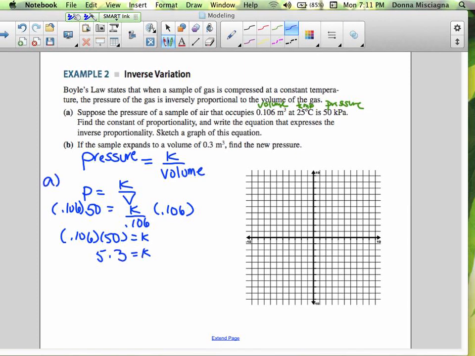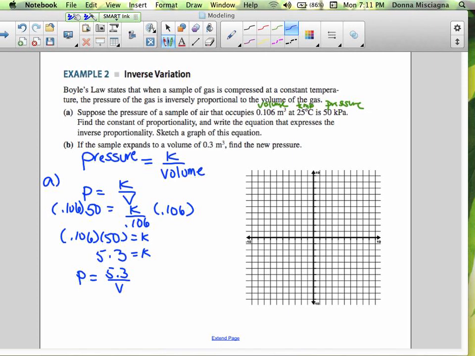So that's A. That's our constant of proportionality. Write the equation that expresses the inverse proportionality. Once we find K, we can write the equation. Our equation is P equals 5.3 divided by volume. And so now we can use that to find either the volume or the pressure.